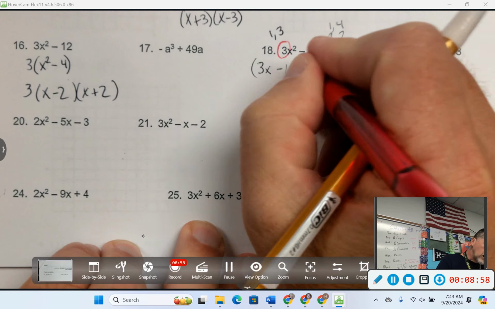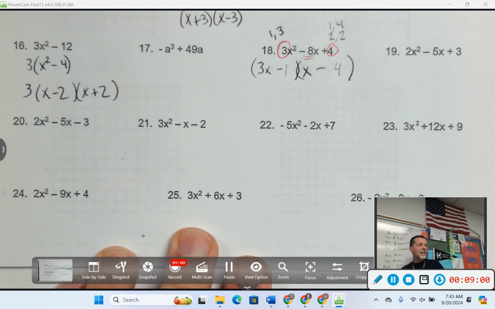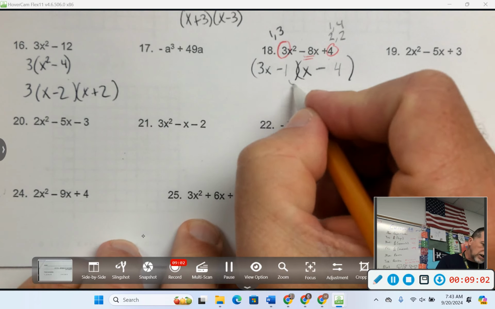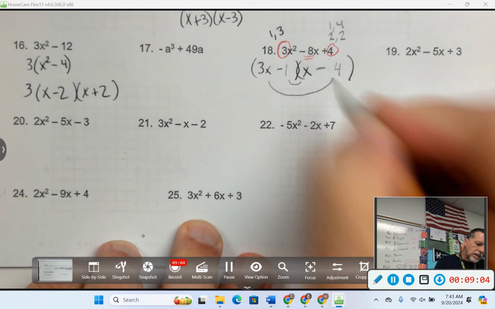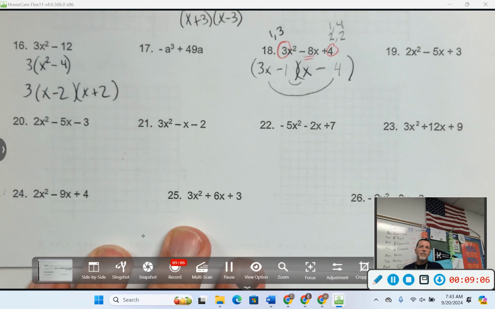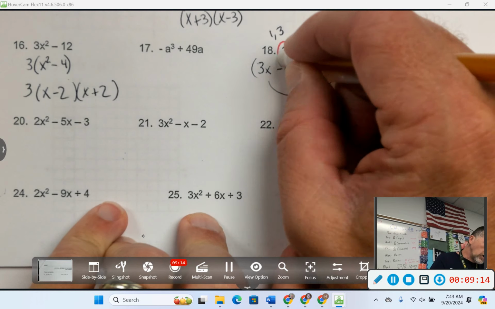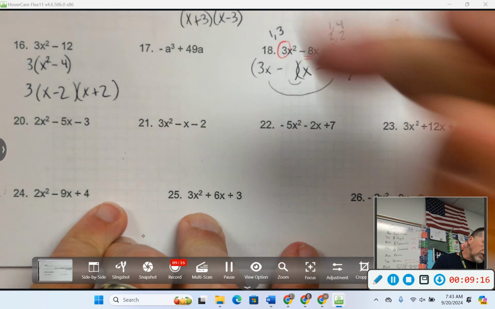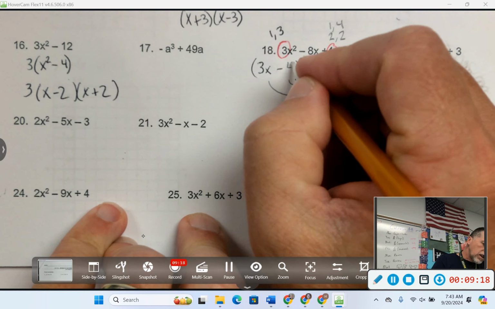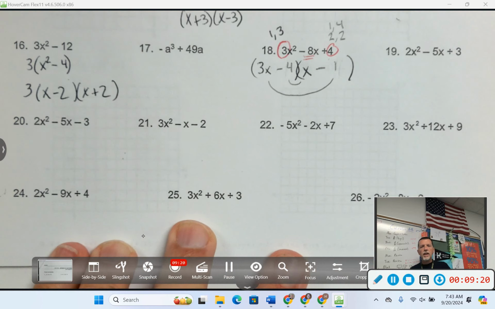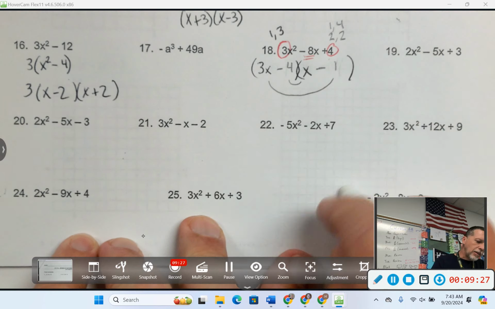Oh, no, that's not going to work. We're checking the 8. Why is that not going to work? Yeah, that 3 out front, that's going to make negative 13. Big number. That's not what we want. So we could switch the 1 and the 4. That way the 1's across from the 3. Negative 4, negative 3. It's going to be negative 7. Closer, I guess.